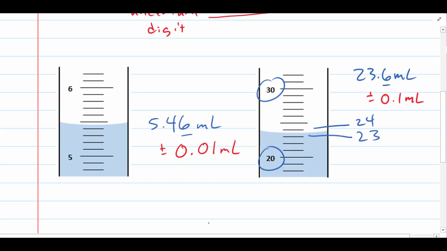But in the absence of that information, usually we say that the implied uncertainty is plus or minus 1 in that last digit. Yes? So like for a test, it would still be right if it was like 1 or 2 off. That is correct. Yeah. But now, if somebody on this one said 5.49, that would be marked wrong, because you clearly can see that it's close to halfway between. As I look at this, it's a little more than halfway up between these two marks.